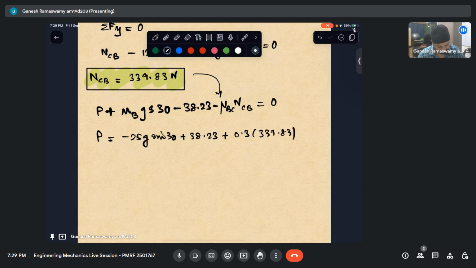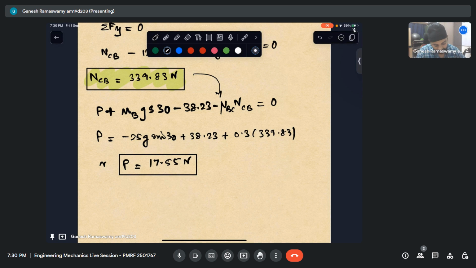So P comes out to be 0.3 plus 38.23 minus 25g sine 30, which comes out to be 17.55 Newton. So this we have got, and NCB we have got.